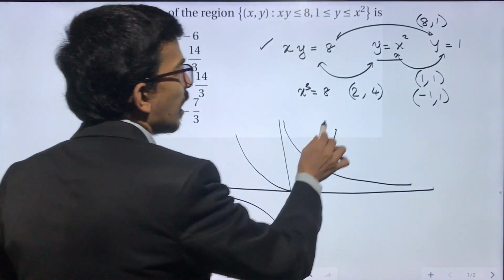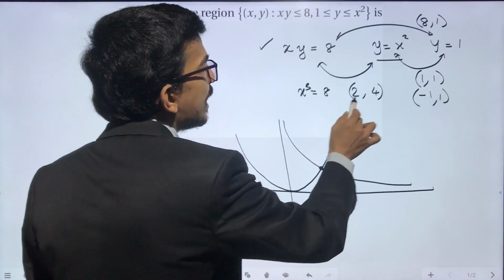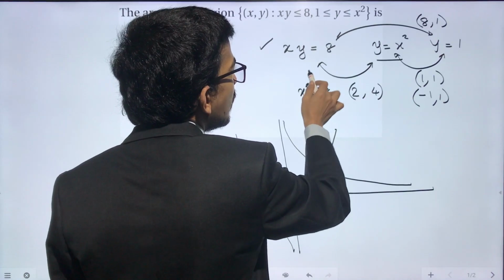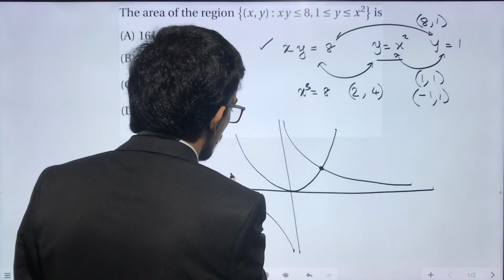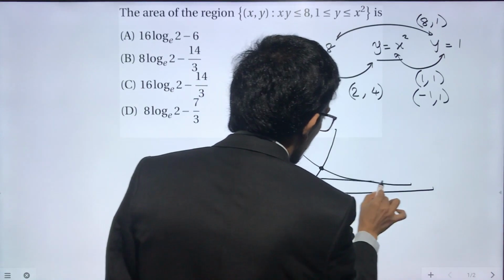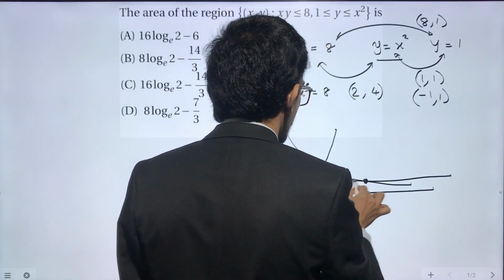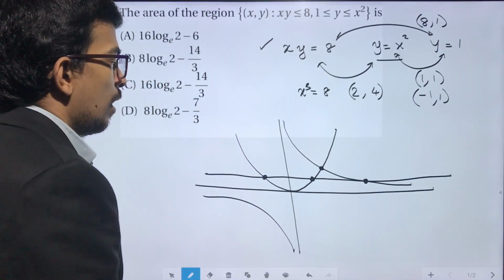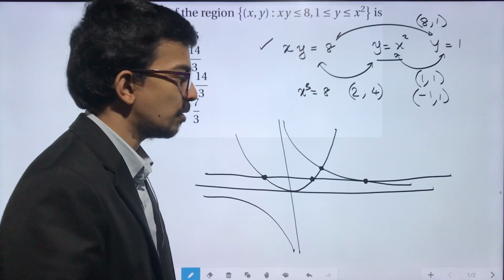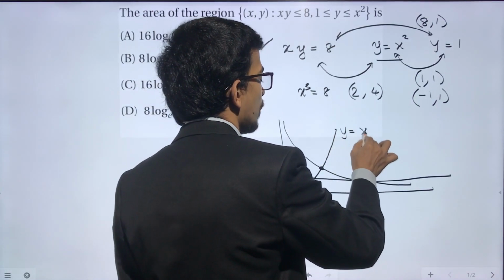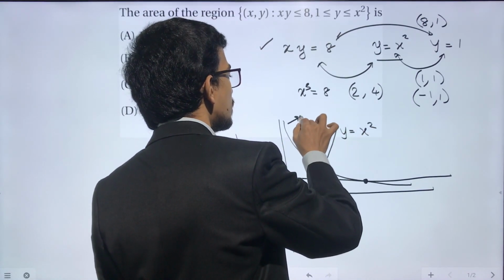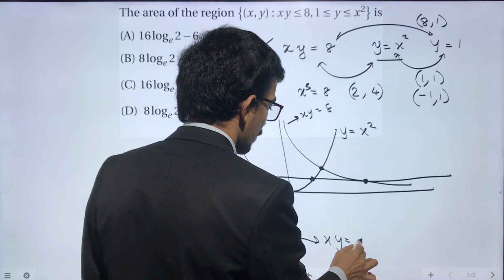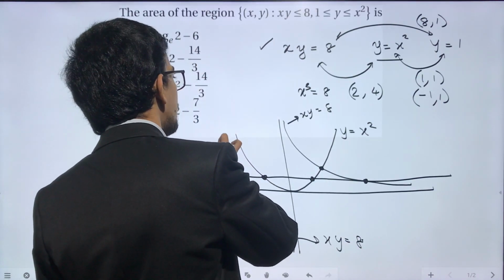And there is another line y equal to 1, and this line intersects the parabola at 2 points and intersects the rectangular hyperbola at another point, (8, 1). So this is a point here, a point here, a point here. This represents the curve y equal to x squared. These two branches are xy equal to 8, and this is our line y equal to 1.